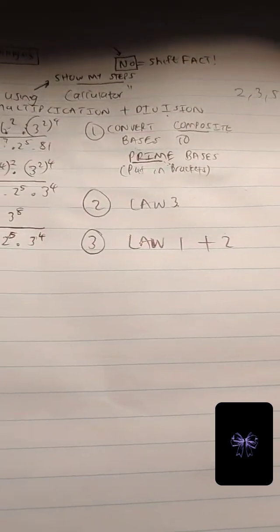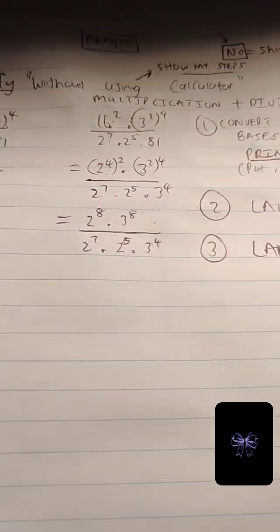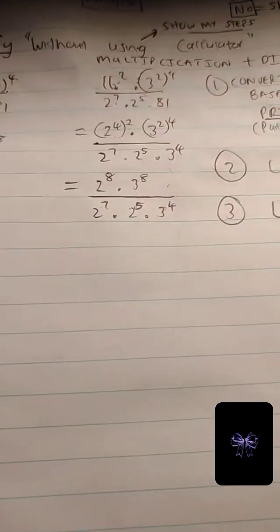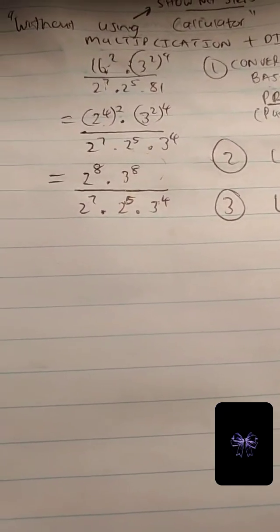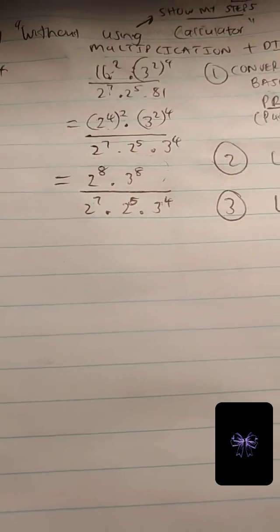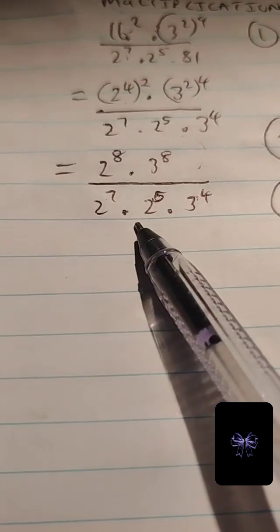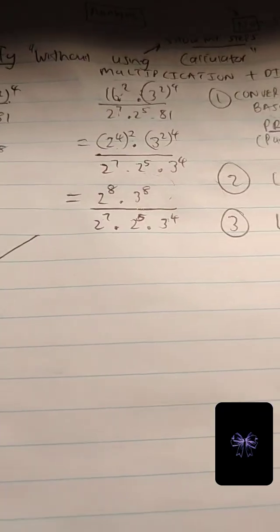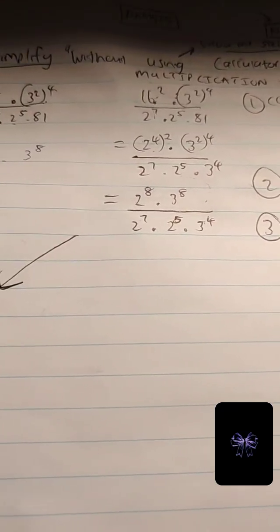Step number 3, we are going to apply a combination of law number 1 and 2 for this here. Meaning for the denominator, 2 to the power of 7 multiplied by 2 to the power of 5 will give us 2 to the power of 12. And then 3 to the exponent of 8 divided by 3 to the exponent of 4 is going to give us 3 to the exponent of 4.